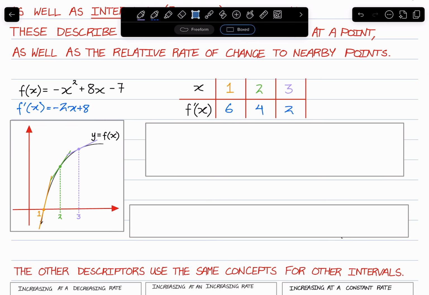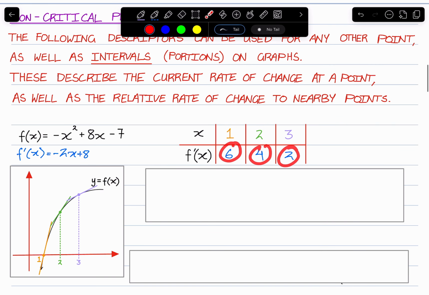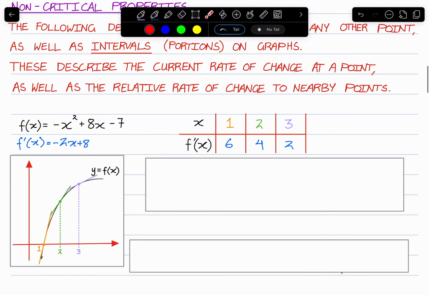Now notice that the rate of change for each of these is positive because they have positive gradients at those tangents. But the rate that these rates are changing is decreasing.